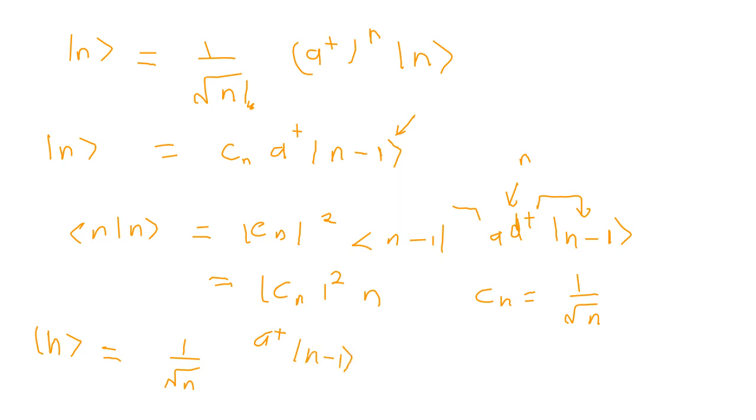But you can repeat the same process for n minus 1. So for n minus 1, we got this to be 1 over square root n minus 1, a dagger acting on n minus 2. You repeat this process until you get a dagger on the vacuum, and the thing sitting in the denominator will be square root of n factorial.